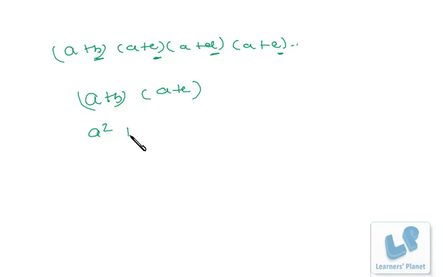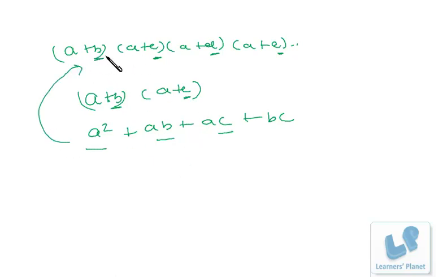That gives a square plus ab plus ac plus bc. Now each term is a multiple of a, only bc is not, so the remainder will be b into c. The same logic applies to this expression, so b into c into d into e will be the remainder when this expression is divided by a.